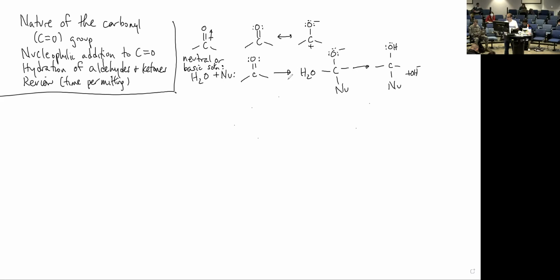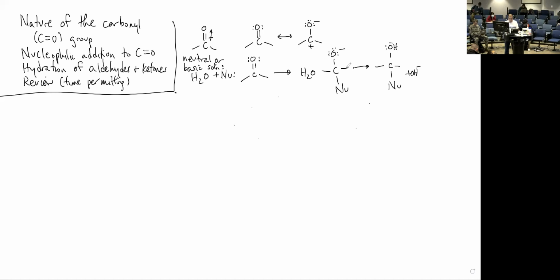Your book also points out that these steps can sometimes be reversible, and that's true. Some nucleophiles can add reversibly to the carbonyl, meaning they can add and then fall back off again. We'll see some examples of that. Some nucleophiles can only react irreversibly. In other words, once they attack the carbonyl and form this kind of intermediate, they're not coming back off again. And we'll see some examples of nucleophiles of that type as well.